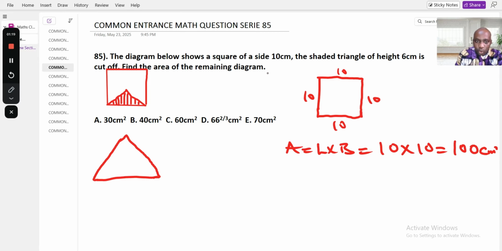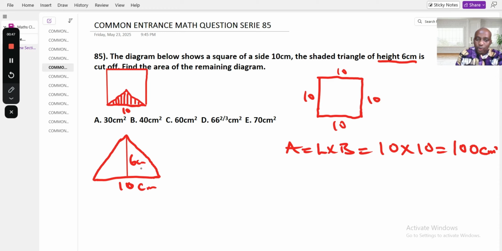And we were told that the height of it is 6 centimeter. This inner height here is 6 centimeter. You know the base here, we said that everything is 10 on one side. The square has equal sides, which is 10 under here, and this place will also be 10 centimeter, because it is this inner triangle that we cut out that I redrew here.